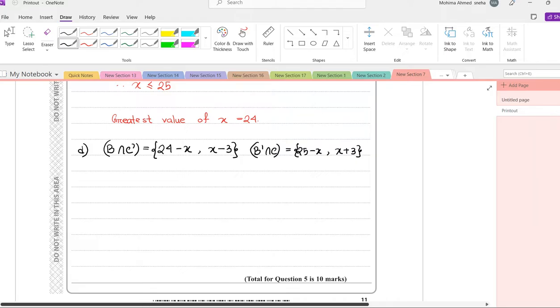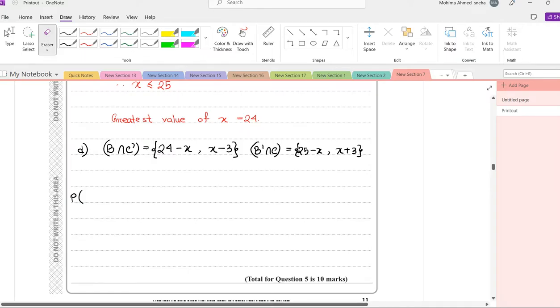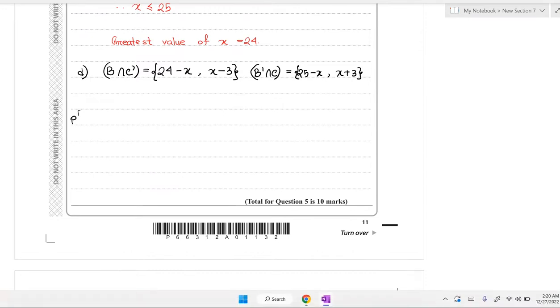So now we need to find the value for probability for these two terms in union. So probability of B intersect C prime union B prime intersect C, and union means just the combination of all the elements under a given set.